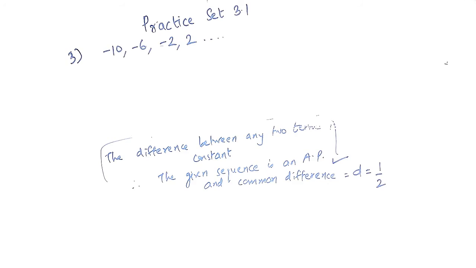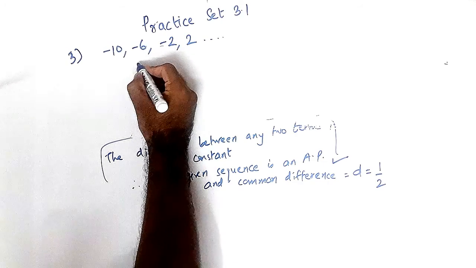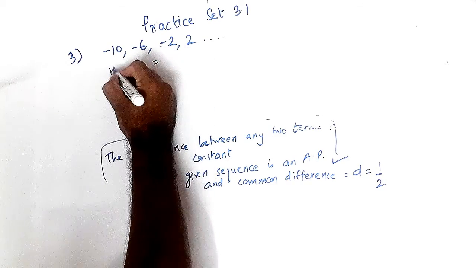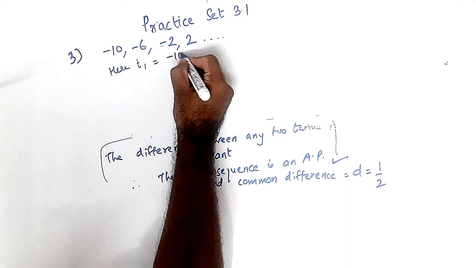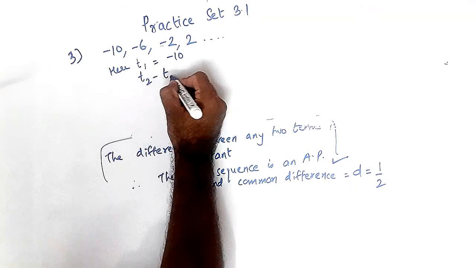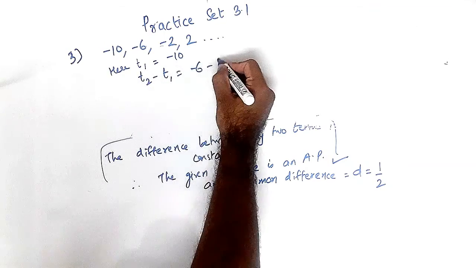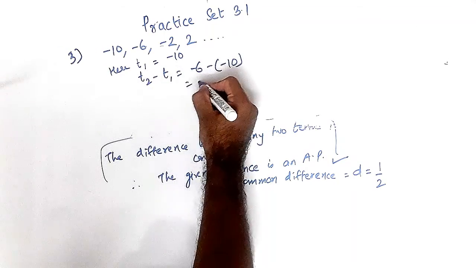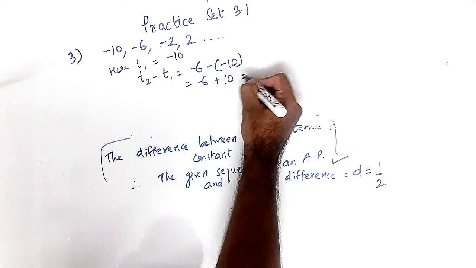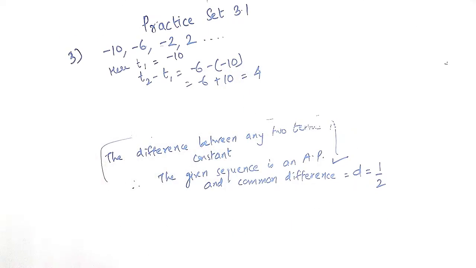Third one given is minus 10, minus 6, minus 2, 2. Let us see what is T1. Here T1 is equal to minus 10. T2 minus T1 is minus 6 minus minus 10. Minus 6 plus 10 equals 4.